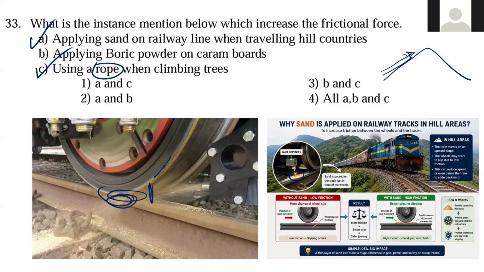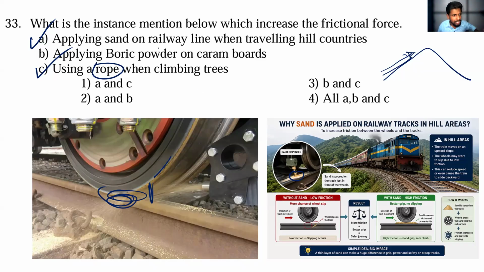Why are we applying the powder in the carom board? Can anyone tell me the answer? To reduce the frictional force. Very good. Not to increase the frictional force, right? In the carom board, we apply the powder to reduce the frictional force.